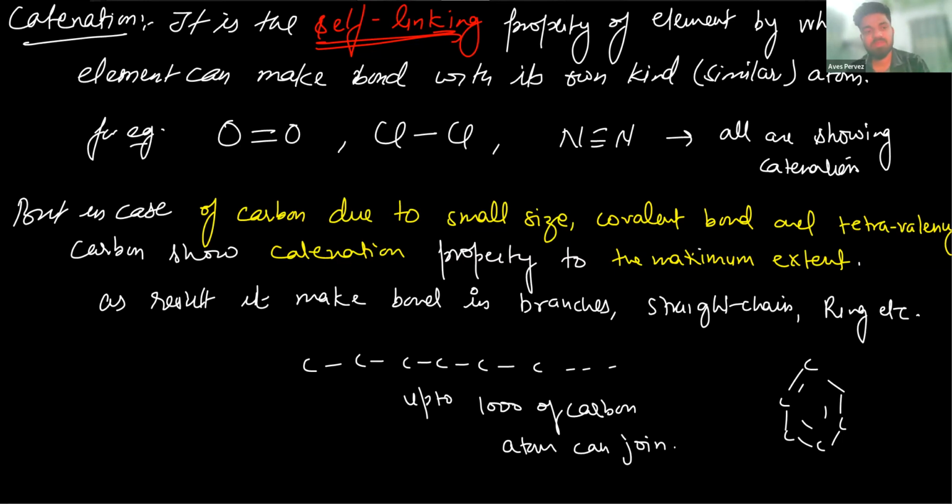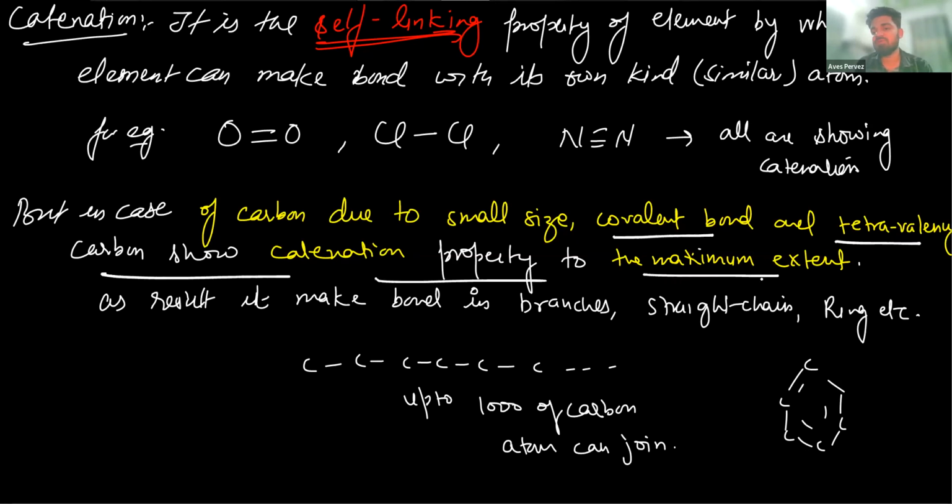But in case of carbon, due to small size, covalent bond, and tetravalency, carbon shows catenation property to the maximum extent.